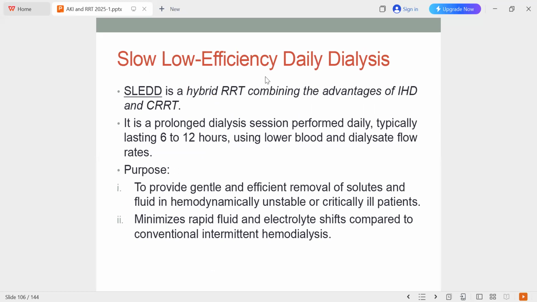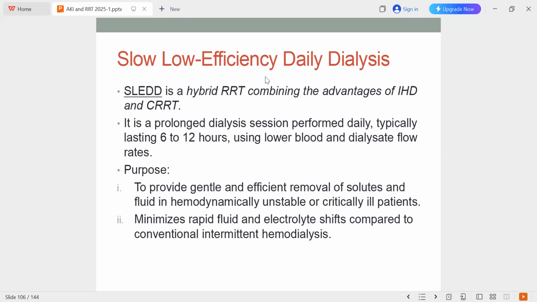Okay, so the slow low efficiency daily dialysis, SLED, is a hybrid renal replacement therapy that combines the advantages of intermittent hemodialysis and continuous renal replacement therapy. It is a prolonged dialysis session that is usually performed daily, typically lasting 6 to 12 hours, using lower blood and dialysate flow rates.